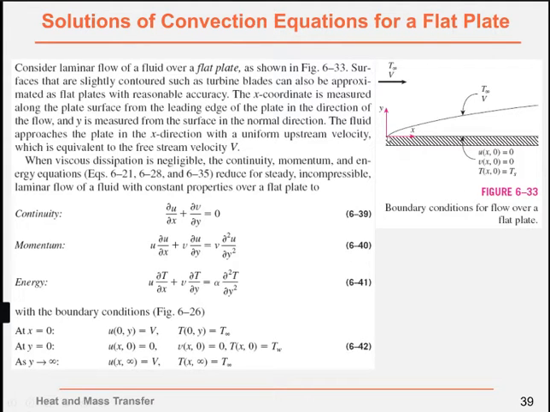When x equals 0, the velocity is V and the temperature is T infinity. When y is 0, u and v are 0 and the temperature is Ts. If y equals infinity, far from the plate, u equals V and the temperature equals T infinity.